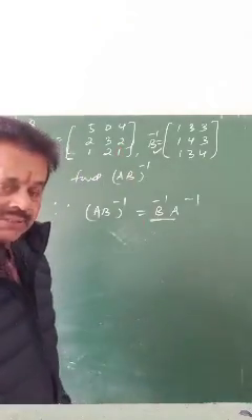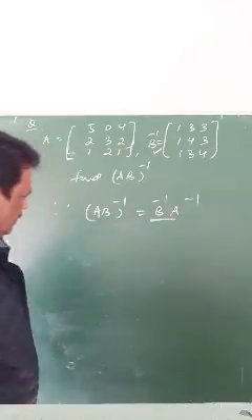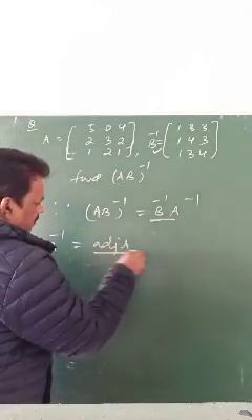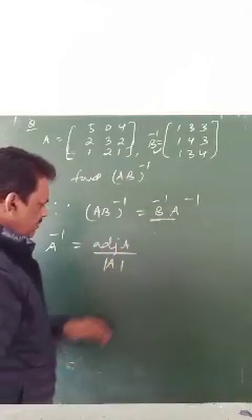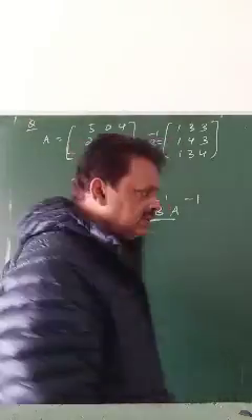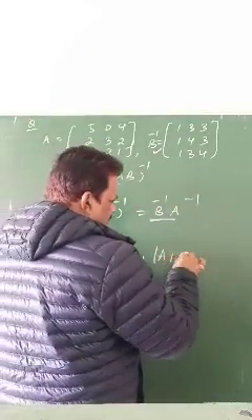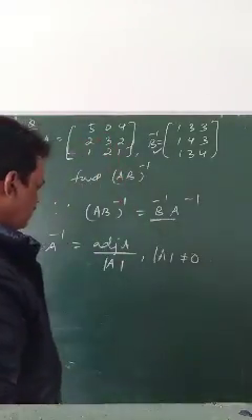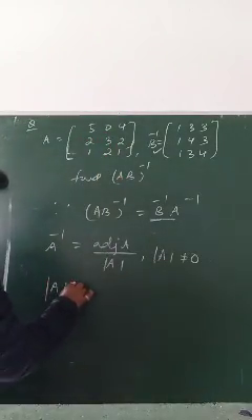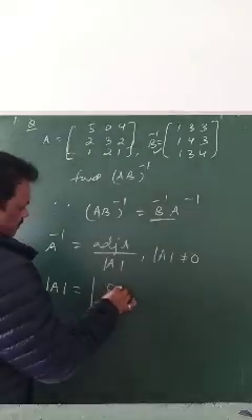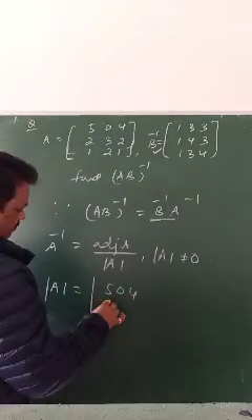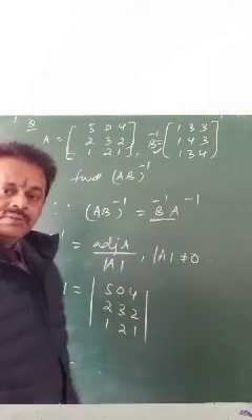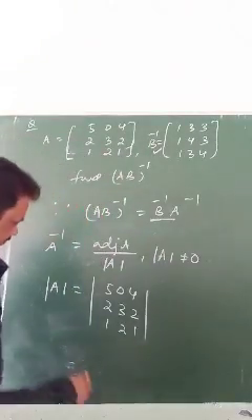So what is A inverse? A inverse is adjoint of A by determinant of A, subject to the condition that determinant is not 0. So let's check whether the determinant is 0 or not. What is the determinant of A? The matrix 5 0 4, 2 3 2, 1 2 1. What is the rule to find? Already I have learned.